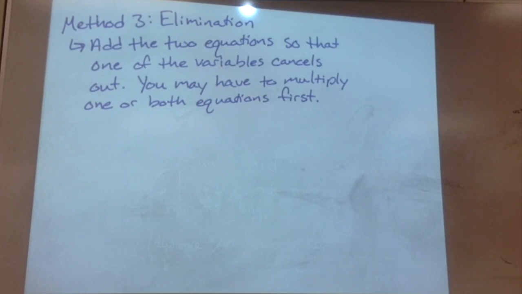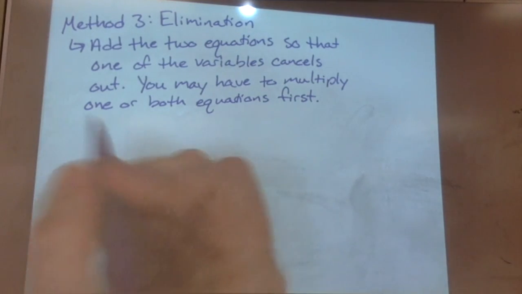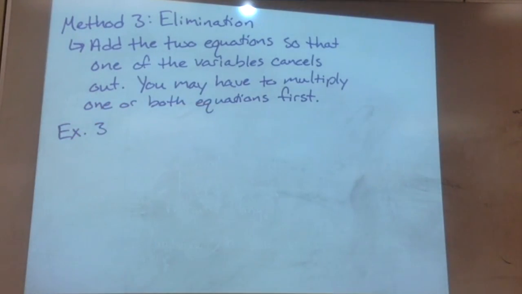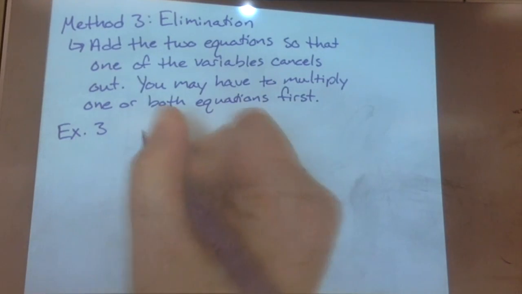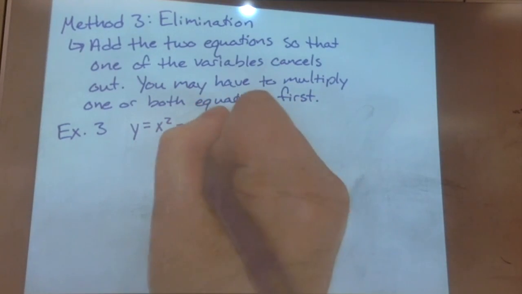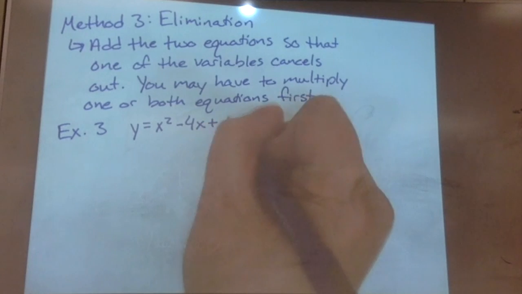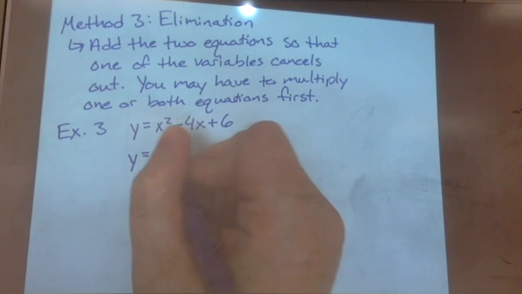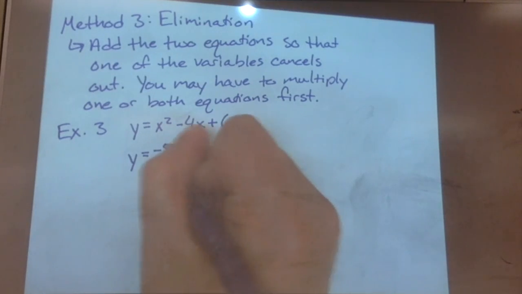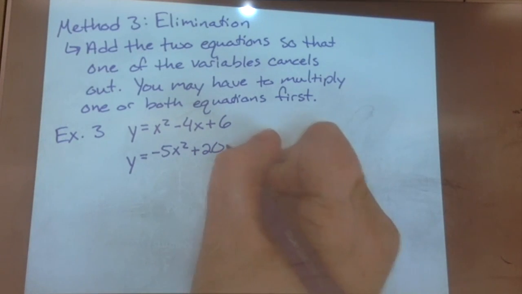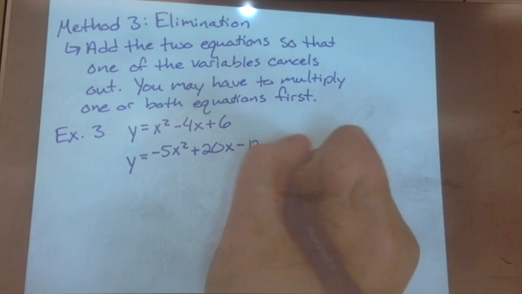Okay. So let's look at example 3. If you have the equation y equals x squared minus 4x plus 6, and you have the equation y equals negative 5x squared plus 20x minus 12.